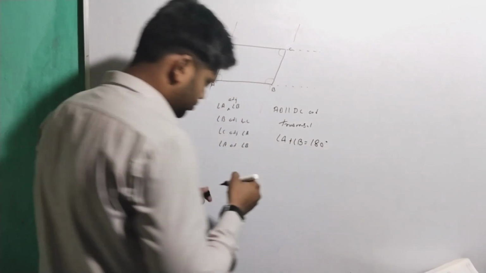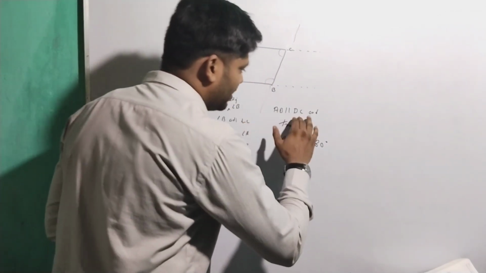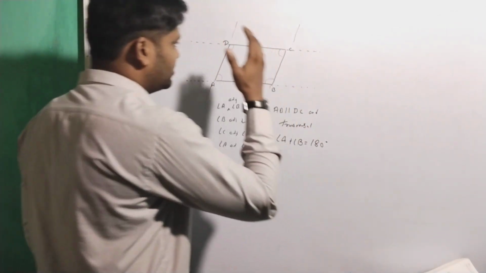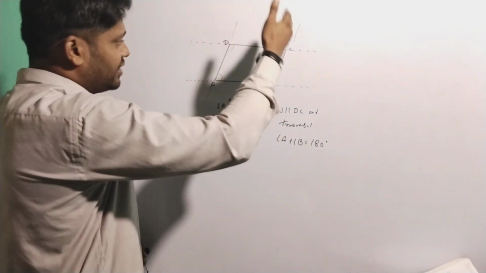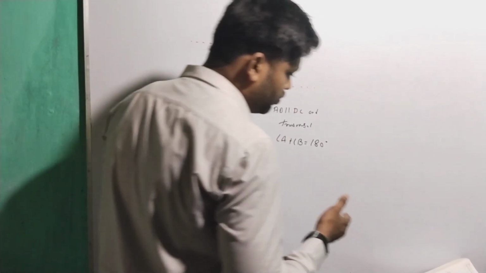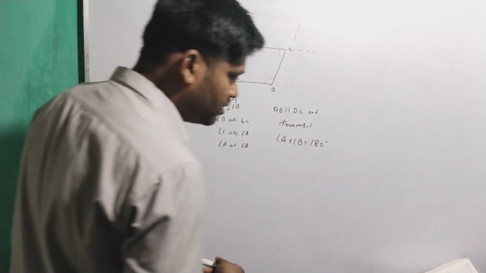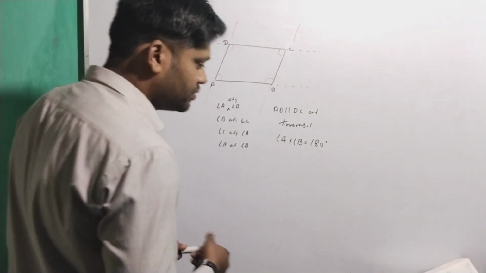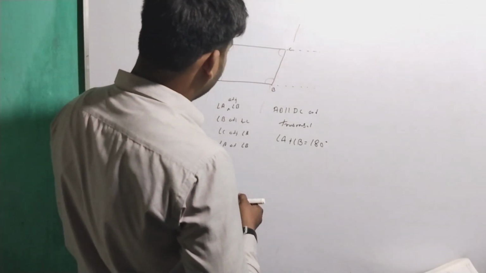Whenever there is a transversal as well as a parallel line, see, this is a parallel line and it is a transversal line. Wait, I have made some mistake.